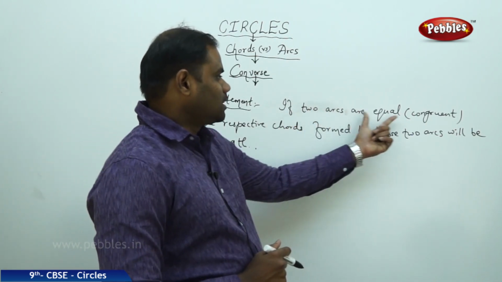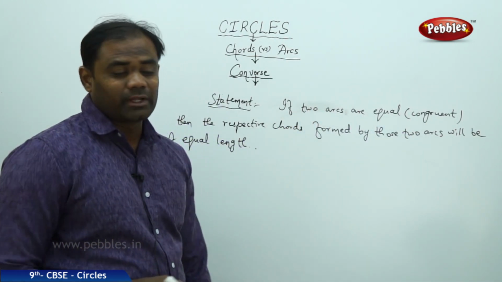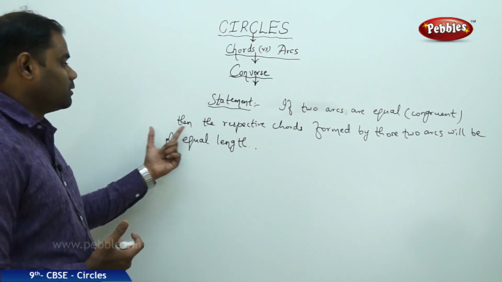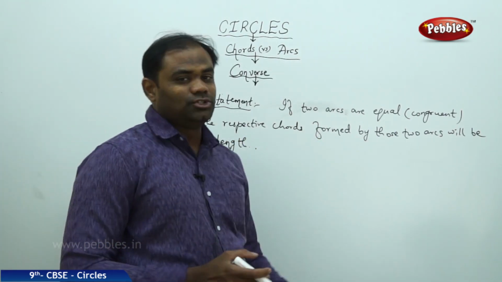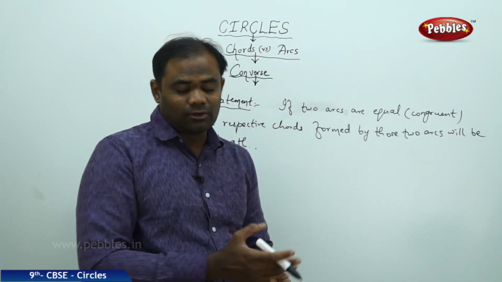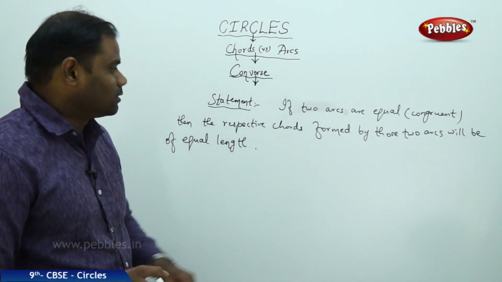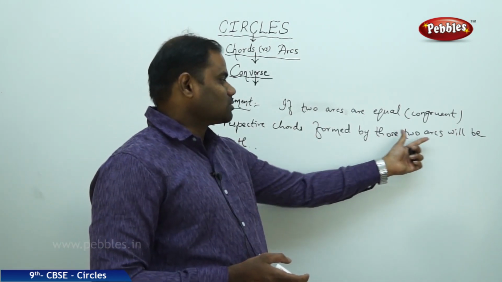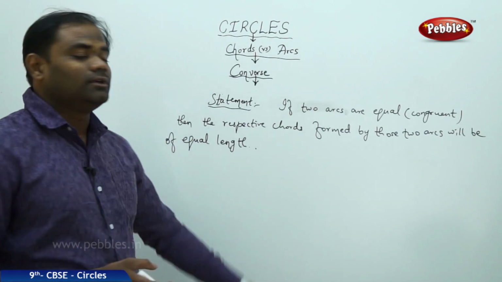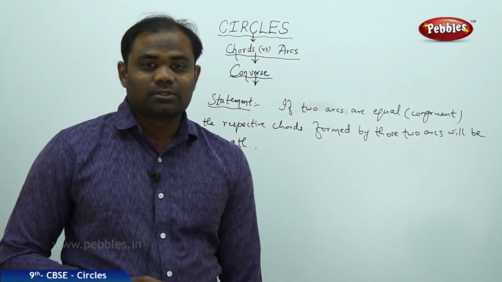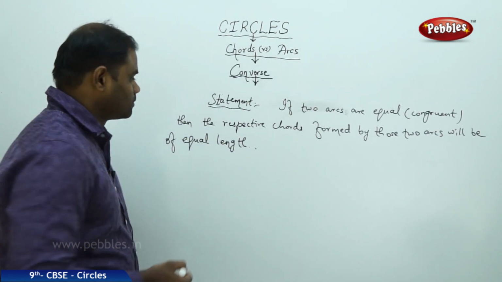If two arcs are equal or congruent in length, then the respective chords formed by joining the endpoints of the arcs will be of equal length. This shows that the converse holds true.